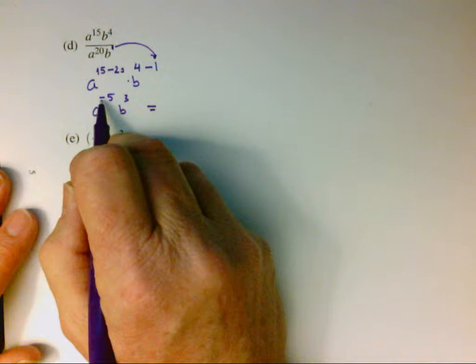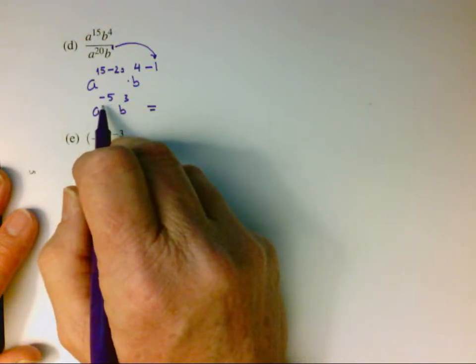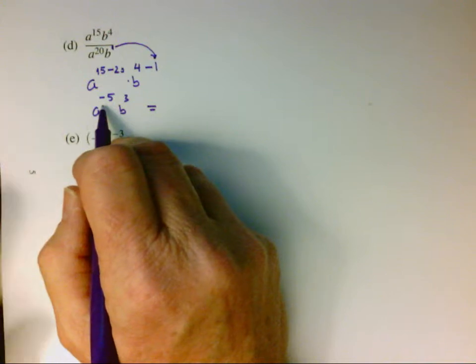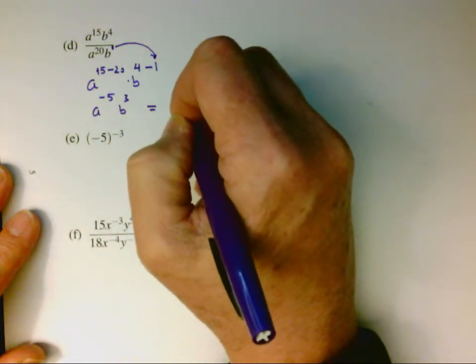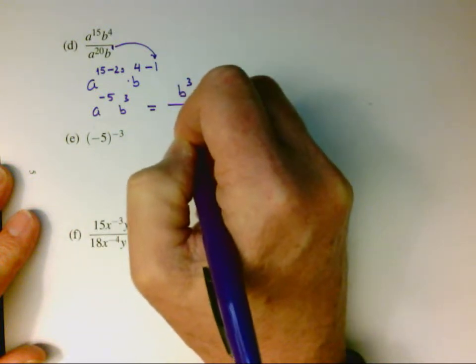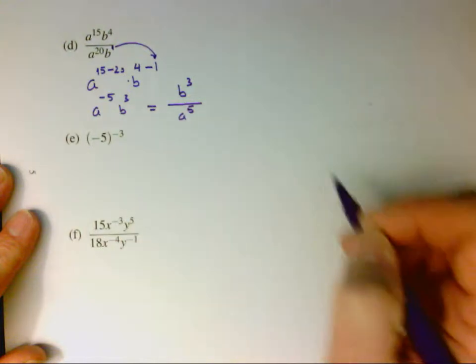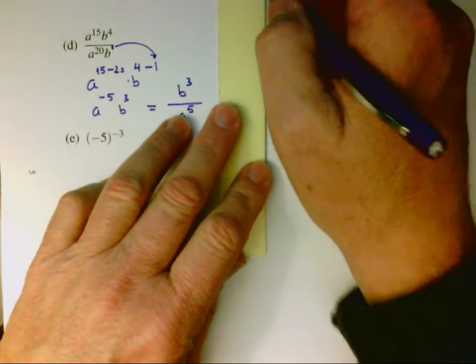Negative exponents mean do the reciprocal. So if it's on the top with a negative exponent, shove it to the bottom. If it's on the bottom with an exponent, shove it to the top. So b to the 3 can stay where it is, a to the 5 goes to the bottom. There's your simplified answer.